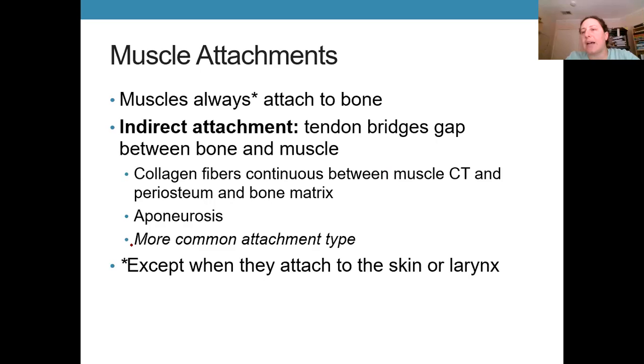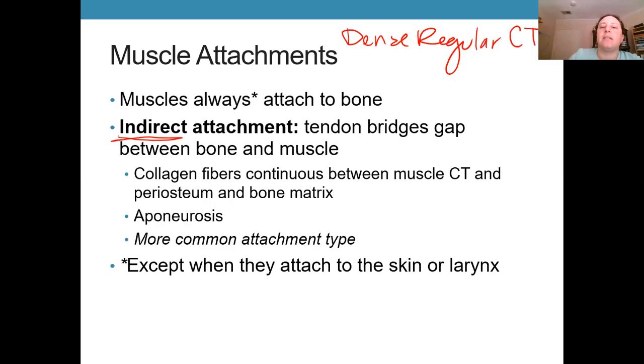So when the attachment looks like what we traditionally think of as a tendon, we call it an indirect attachment. And even with an indirect attachment where we have a distinct tendon, which remember is dense, regular connective tissue, which means lots and lots of collagen bundles all running in parallel, the collagen fibers are going to be continuous.